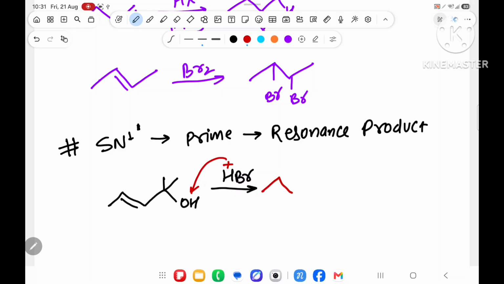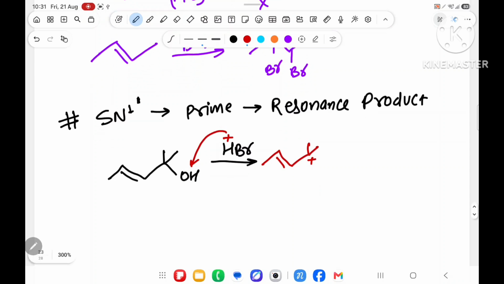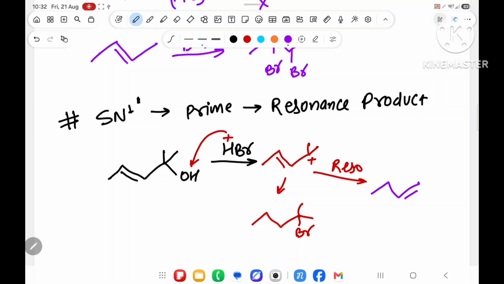After that, there is a possibility that on this plus you will attack Br. Or you will do resonance, pi to sigma positive. After doing resonance, you get the double bond here and the plus coming here. Now you will attack Br over here.